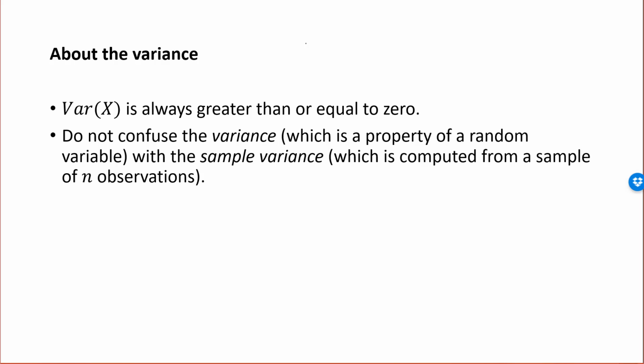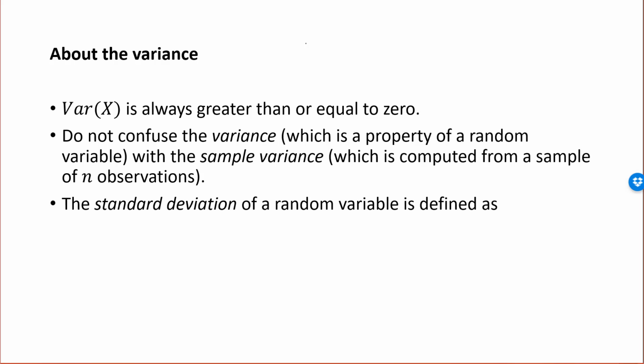It's also very common to consider the square root of the variance, which we can do because it's never negative. And the square root of the variance is called the standard deviation. So it's defined like this. Common notation SD of x, standard deviation of x, is the square root of the variance.